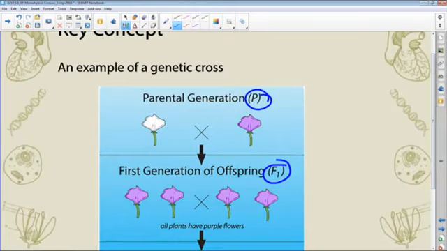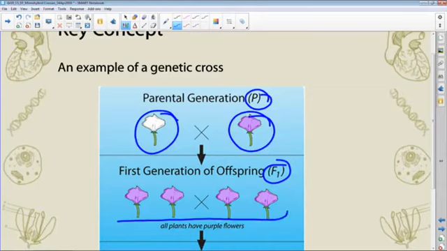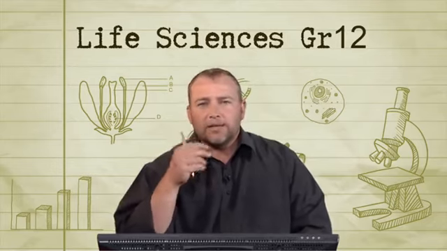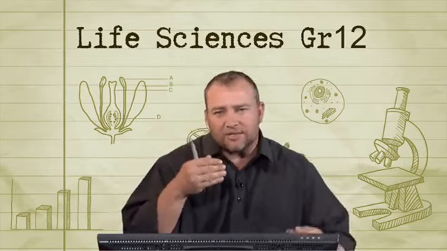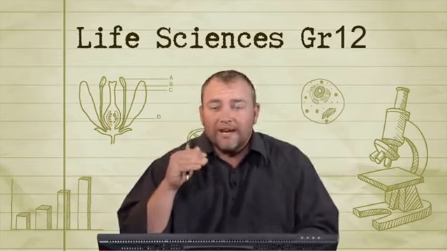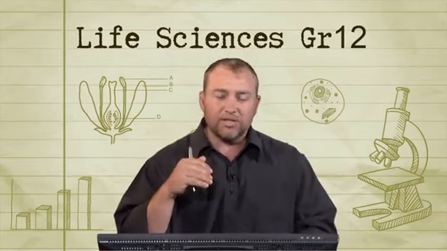If this person took a white flower, okay, and took a pink flower, and they crossed them, in other words, they pollinated them, and out came all pink flowers, it tells me that there's this thing called dominant and recessive. Okay, dominant dominates the recessive gene. These are quite simple, right?